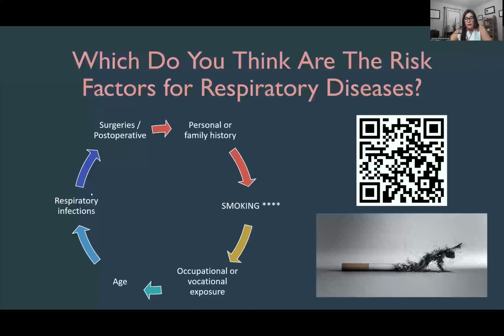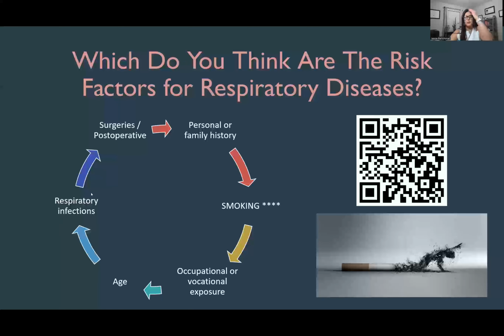Smoking is a big one. Think about, when somebody smokes, they're just inhaling all these toxins and chemicals and tobacco. It's very harmful to the tissues in that parenchyma of the lung. Sometimes also certain jobs, like for example, someone that works at a mine that is constantly exposed to minerals and the dust of the mine.